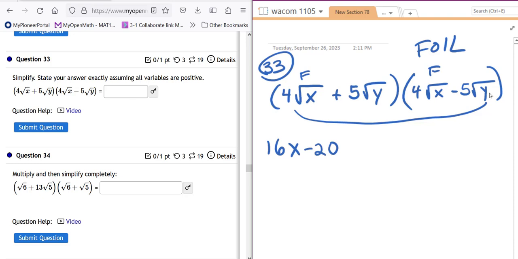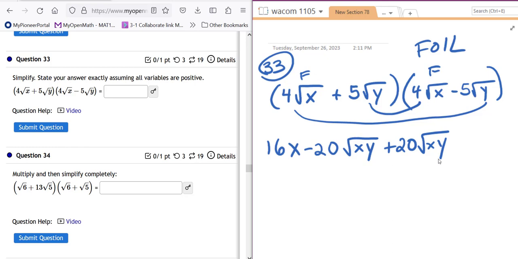You're doing square root of x times square root of y. They're going to just stay under the radical together. Inside, this will be plus 20 on the outside. And this is going to be xy or yx. I would go ahead and put them in alphabetical order so I could recognize like pieces.